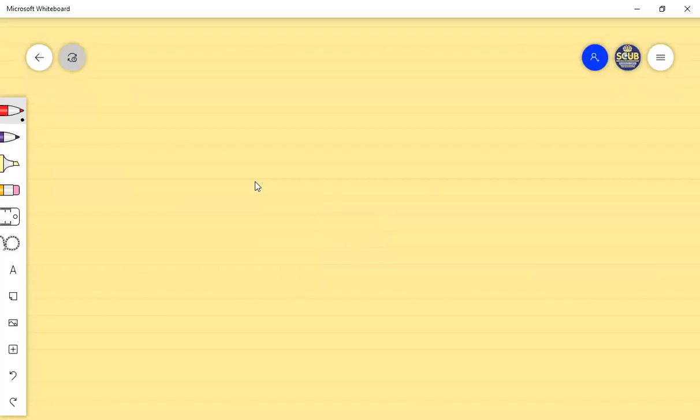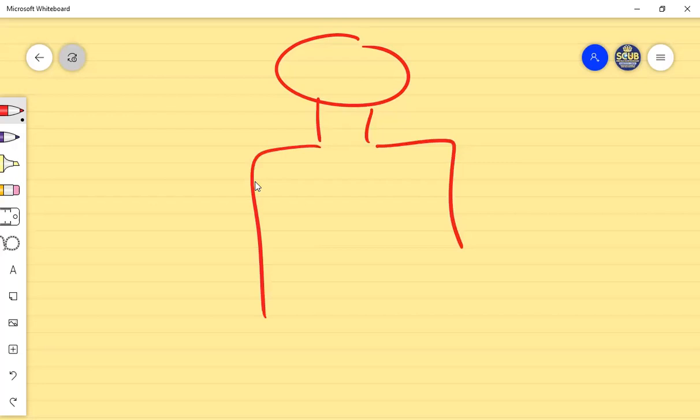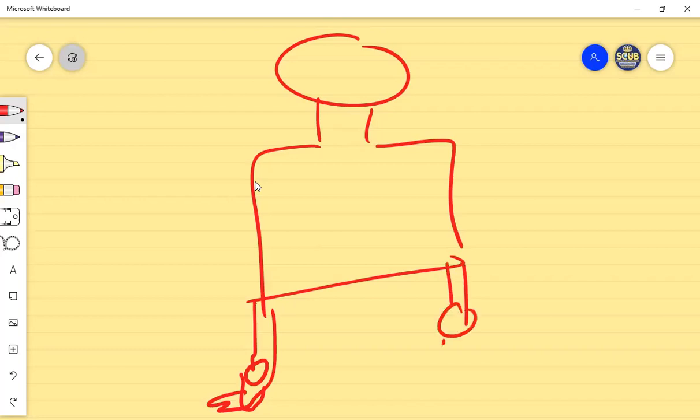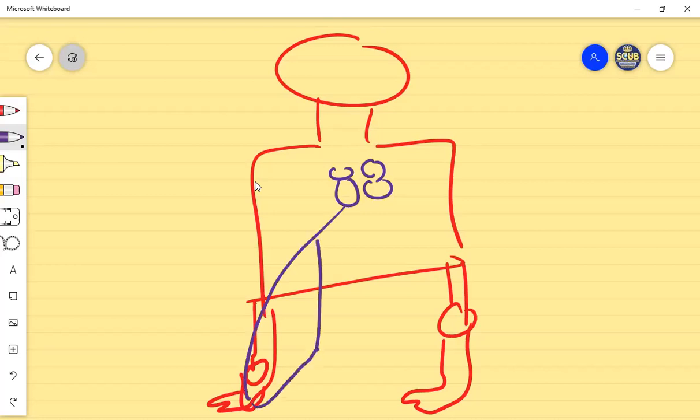Now this is our lovely robot again. This is his legs. Okay, comic story. Now this is the heart, and the heart is pumping the blood, and the blood is coming back to the lung.